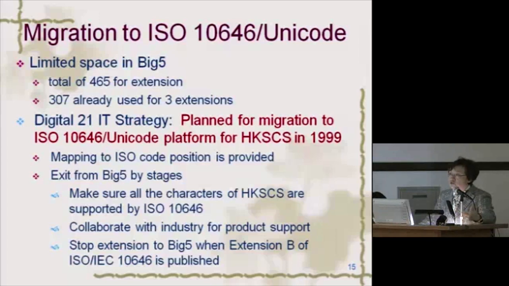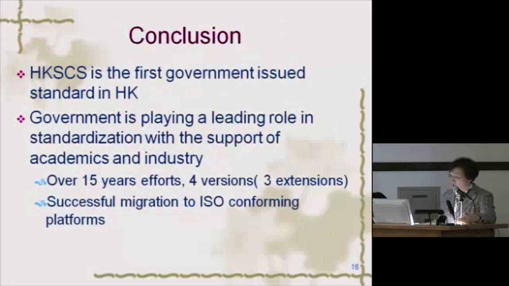This is particularly true for the Big Five-based systems. I noticed that under Windows 7, Microsoft has to do this by themselves. The government no longer can do that anymore. So right now, there are no more characters being extended into Big Five anymore. Okay?